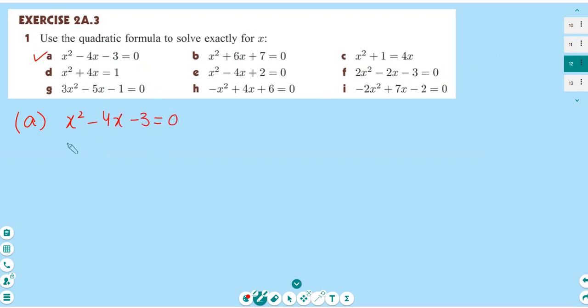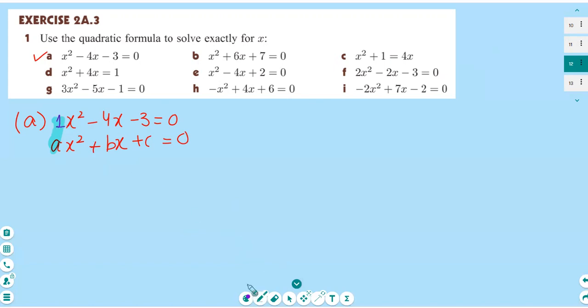So if I compare with the general form of the quadratic equation, ax squared plus bx plus c, we can see that a is equal to 1. This 1 is actually multiplied here. Here we have the coefficient 1, right?